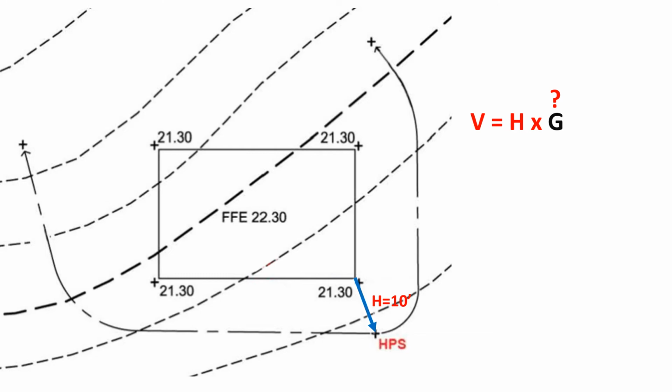Now, this is another variable that we'll need to set ourselves. In order to create positive drainage from the terrace to the HPS, we need to have a slope of at least 2%. Remember? Would higher slopes work to efficiently drain this area? Yes, but using 2% is a good start.